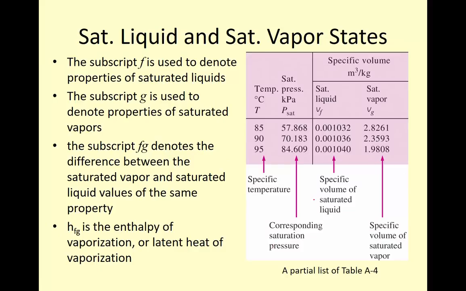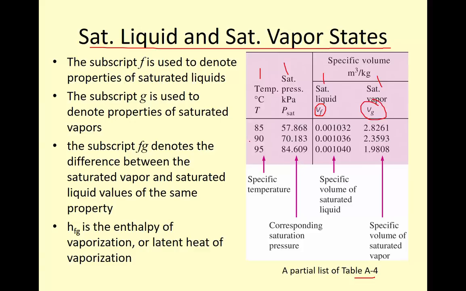So going back to property tables, I've had a few questions about this in email, and I hope that you are working through these, that you're figuring out how to look things up. We're going to do a lot of examples today, so it should help you out. But let's just review again that if we are looking at the saturated liquid, saturated vapor state, so for water, that's table A4, we have the first 4 columns here. So we have temperature, pressure, and then the specific volume of the saturated liquid state, and then the specific volume of the saturated vapor state.